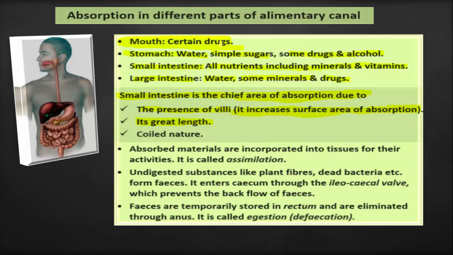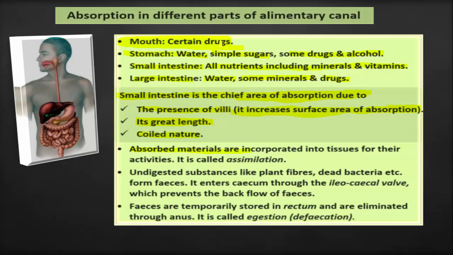It is the longest part of the alimentary canal, and it is highly coiled, except the duodenum. The jejunum and ileum are coiled portions. Particularly the jejunum is heavily coiled, and the coiled structure slowly transfers the food to the next part. During that time only, the complete digestion and absorption of the materials is carried out within the small intestine.